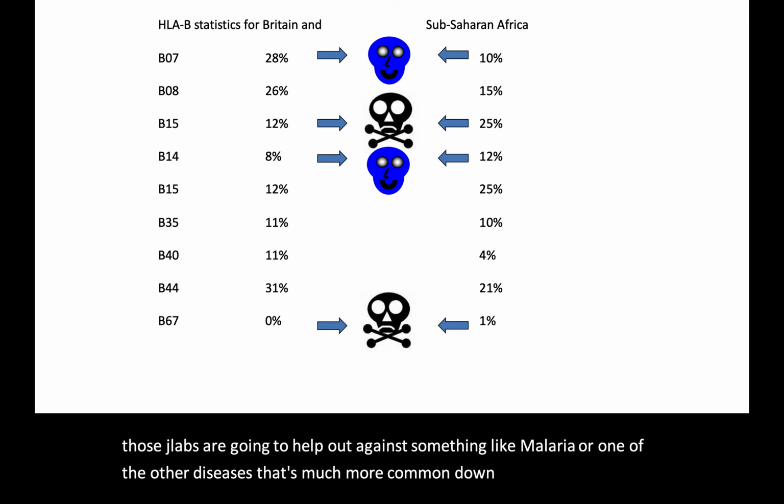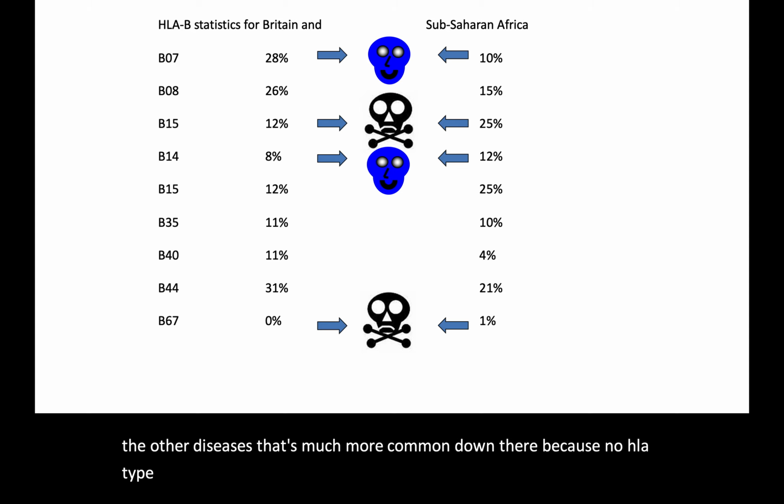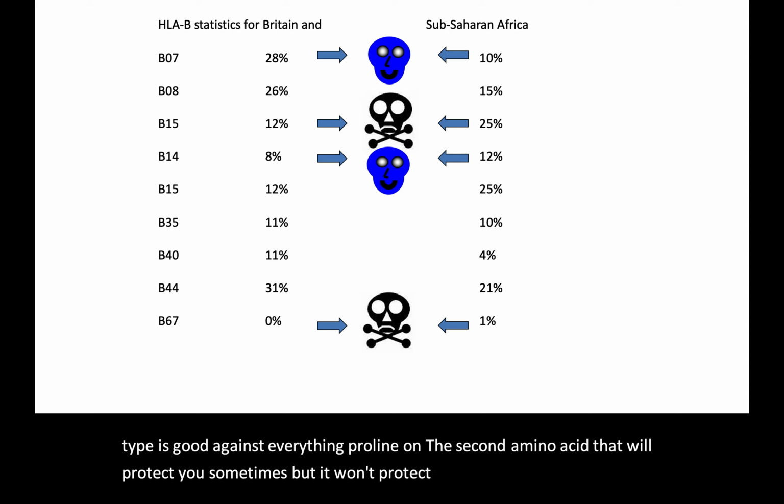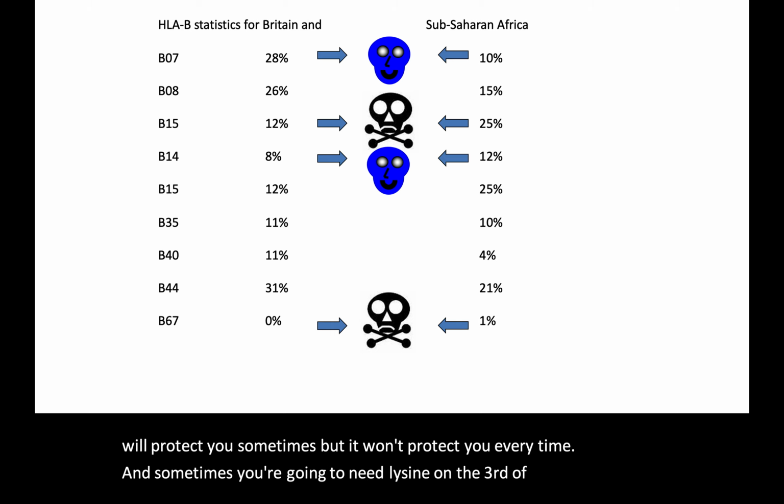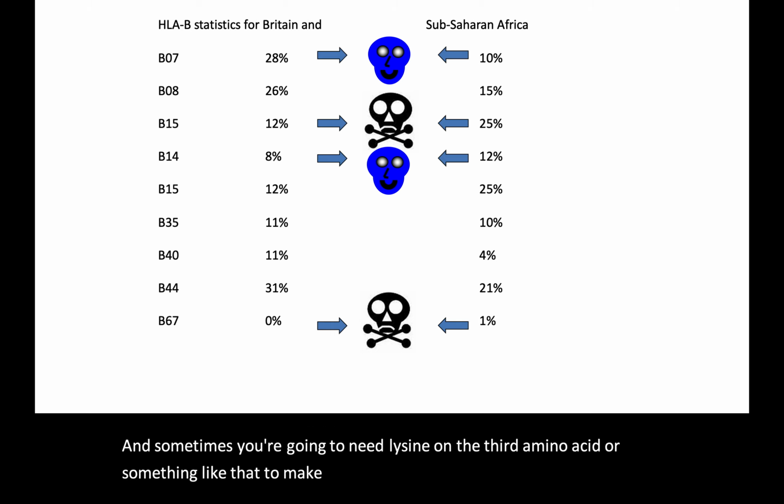Because no HLA type is good against everything. Proline on the second amino acid will protect you sometimes, but it won't protect you every time. And sometimes you're going to need lysine on the third amino acid or something like that to make a response. Because every virus, every bacterium is different.